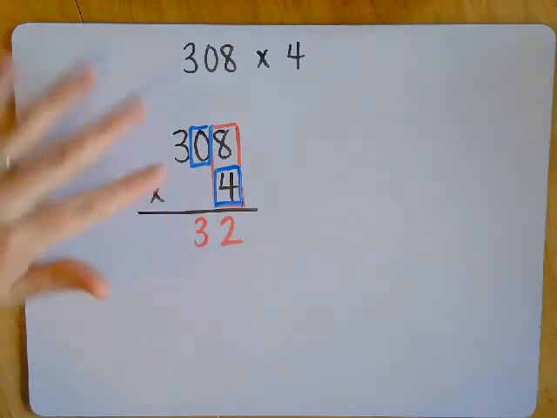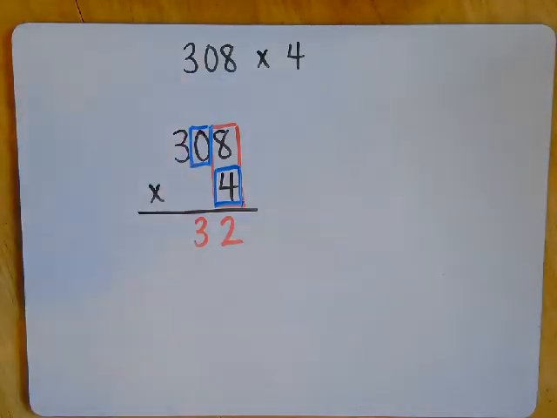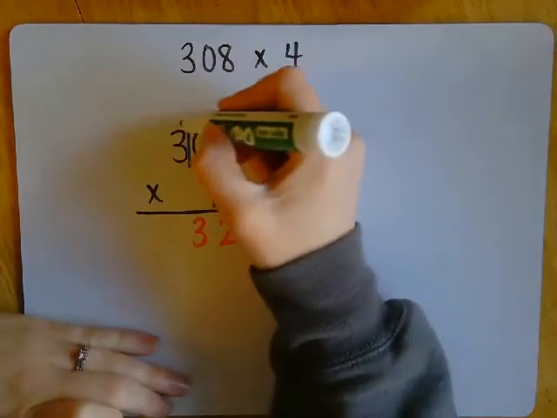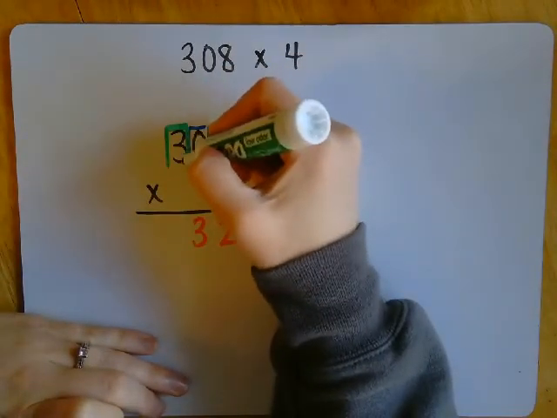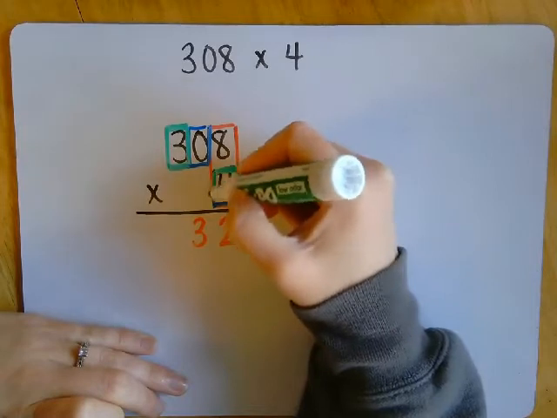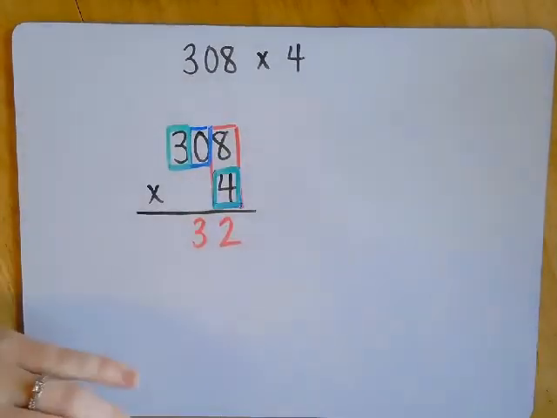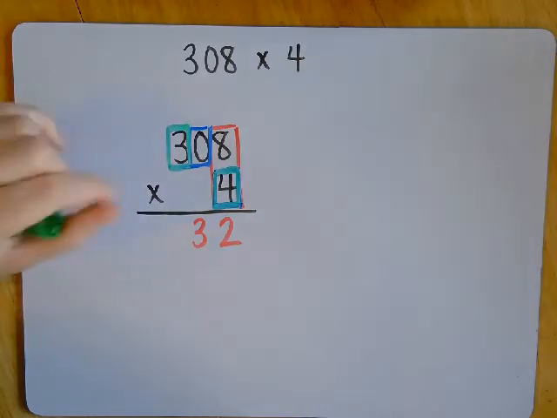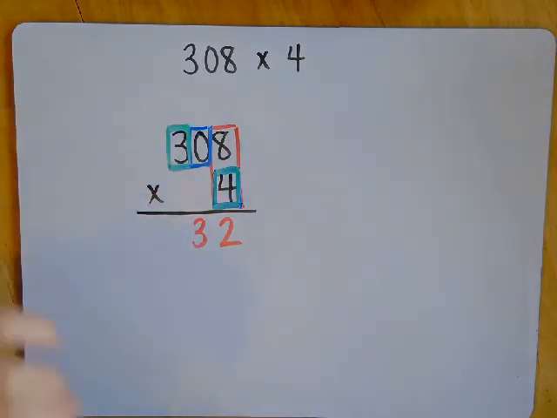I just know that there's nothing going to be from the tens place. And then lastly, I need to multiply by the hundreds place. So I need to look at this as 300 times 4. I know that 3 times 4 is 12, but because it's in the hundreds place, I need to add 2 zeros.